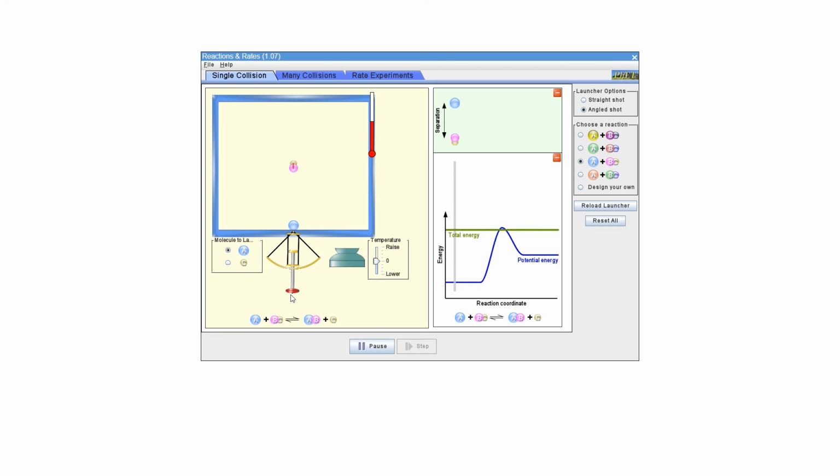So if I collide A and B together, or the B part of the BC particle, they react, and that's all fine. And then after that, most collisions will be unsuccessful as they fly around in all different directions.